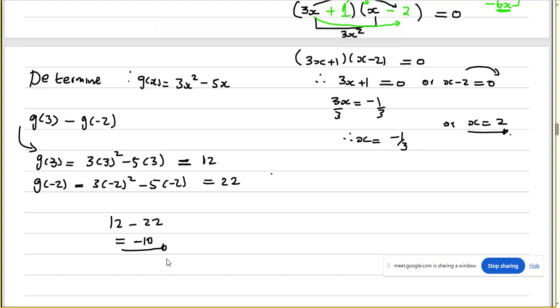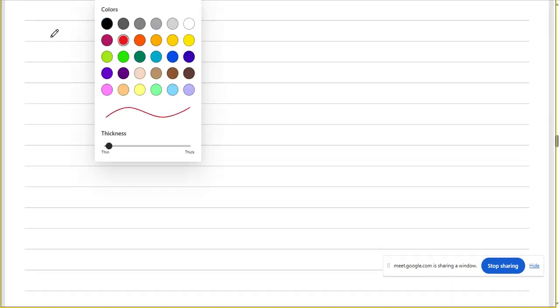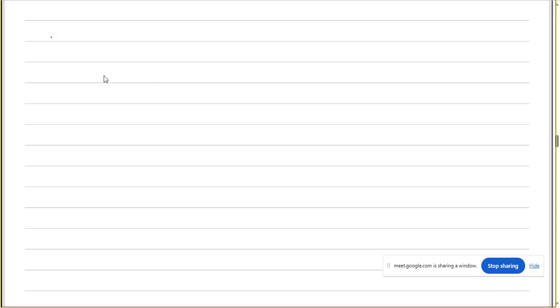You understand that part? Yes, sir. Okay. Now that you understand the introduction to functions, let's move to the next part of functions. The next part that I want us to discuss is what we call linear functions.